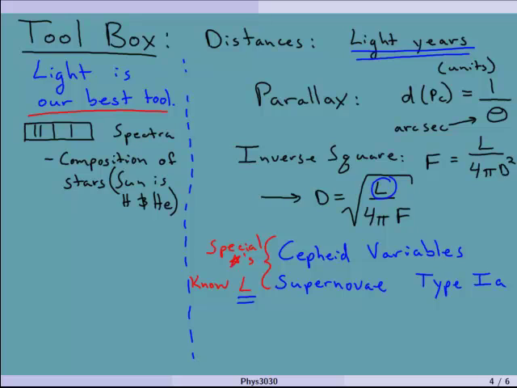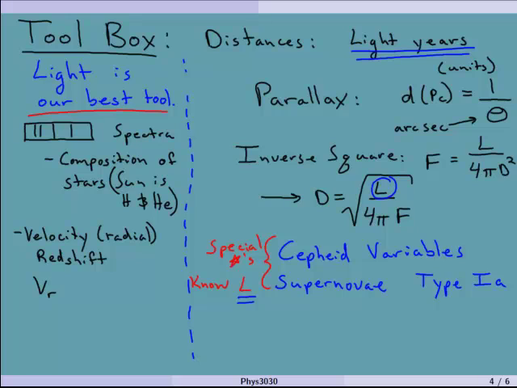And then the other thing we can do is not just composition, but we also know velocity. So we know, at least a little bit, about how things are moving. And again, this is the radial velocity, so it's how far away from us or towards us it's moving. And this is, of course, using the redshift. And, of course, things could be blue shifted. We talk mostly about redshift because of the Hubble expansion, which we'll talk about a little bit later.